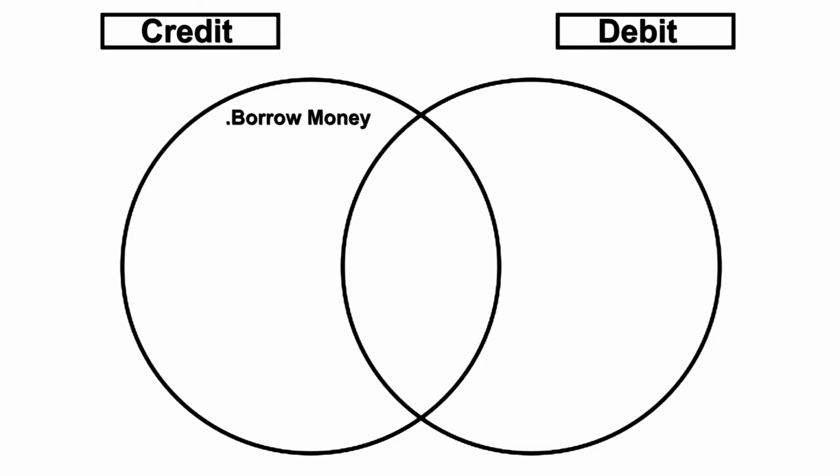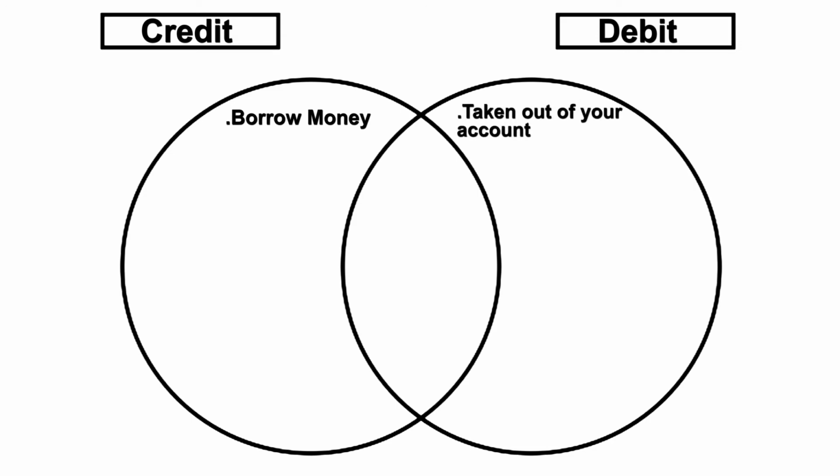Let's try another one. Which card, debit card, credit card, or both, is money automatically taken out of your banking account? Debit card, credit card, or both? That's right. Debit card.